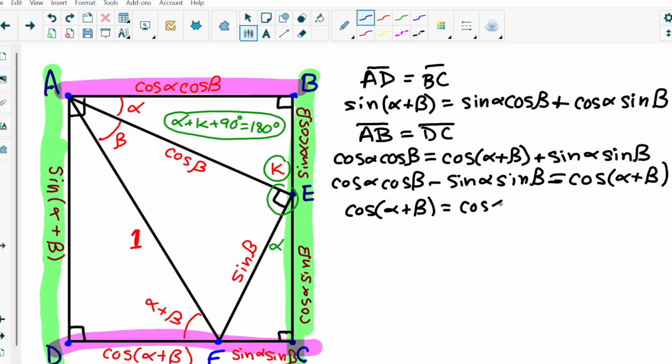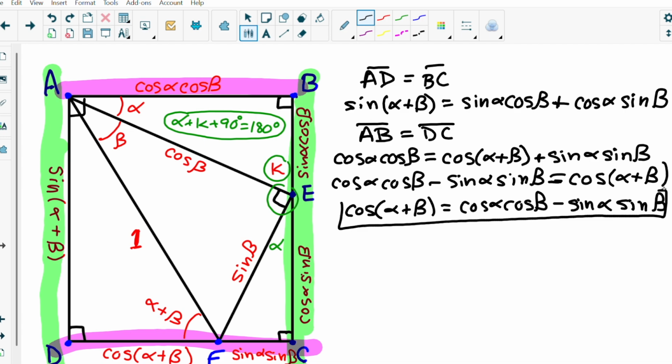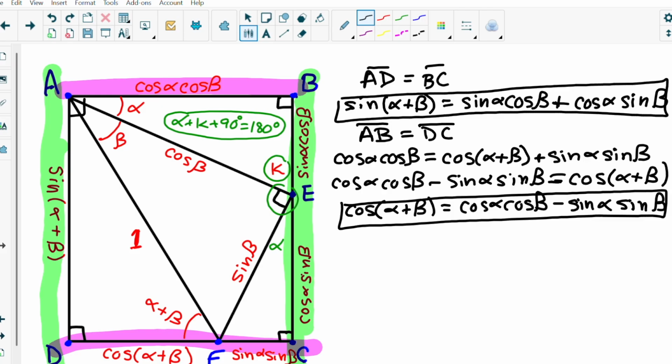That equals cosine of alpha, cosine of beta, minus sine of alpha, sine of beta. Okay? This one, and this one. This is our sum identity for sine. This one is our sum identity for cosine.